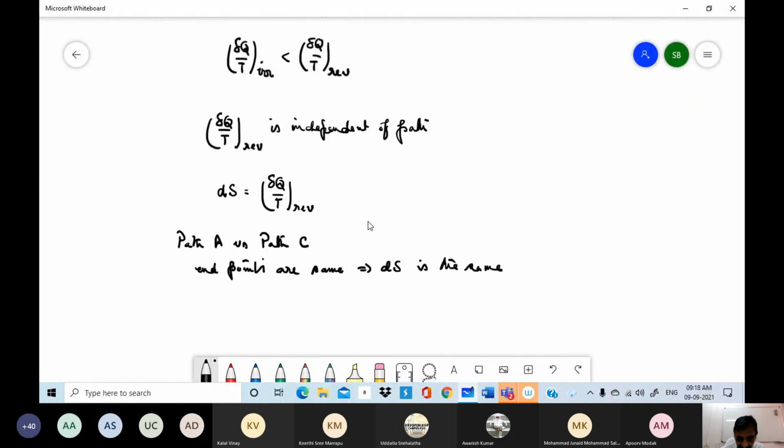Since path A is reversible, because this is how entropy has been defined.